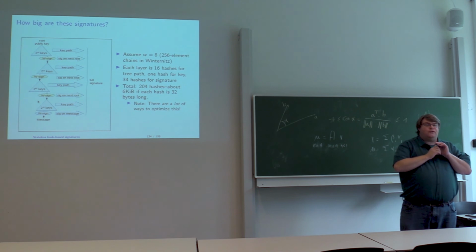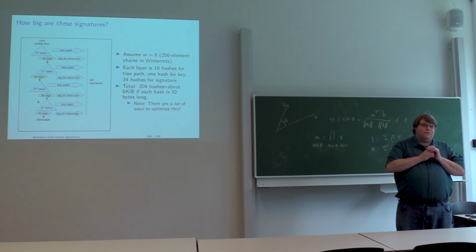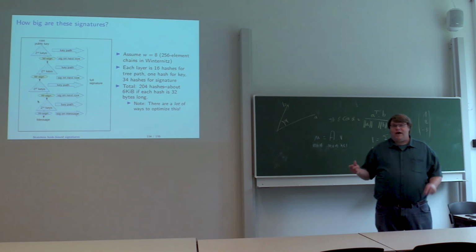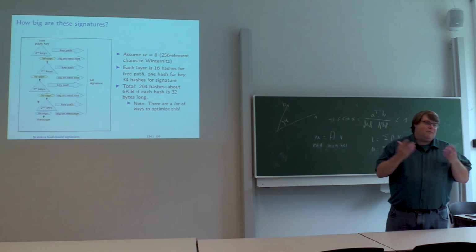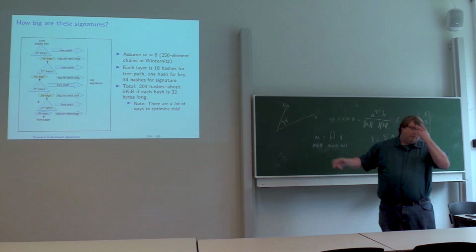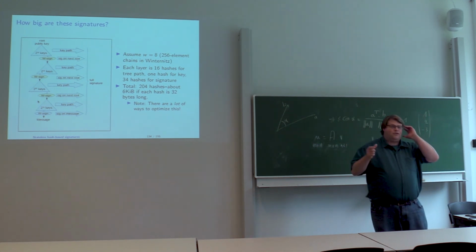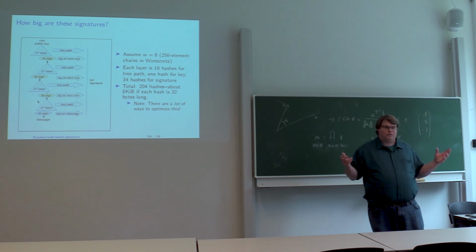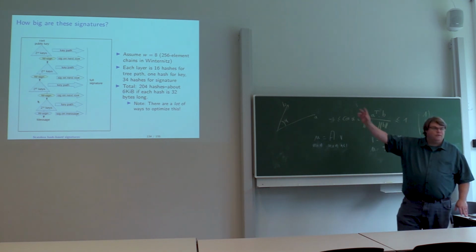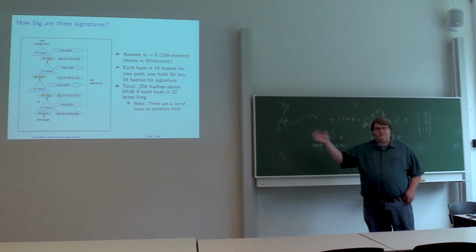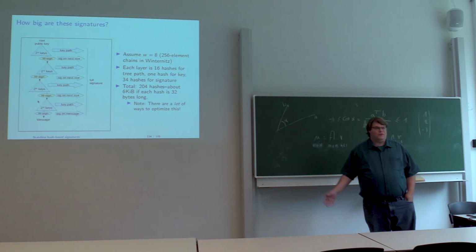However, because there's no problem if you sign the same message with the same key, there's only a problem if you sign different messages with the same key, it's actually fine to take your message and feed it into a PRF and use that as your random seed that you use to choose your path. Then if I give you the same message twice, you'll just get the same path. So in effect, you get deterministic signatures. Now, you could define them so that they use a random number generator. There wouldn't be anything wrong with that. It's just that in practice, it's cleaner to design them so that you just use the PRF.